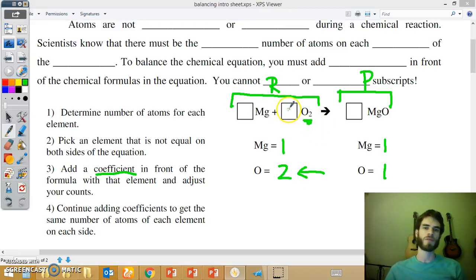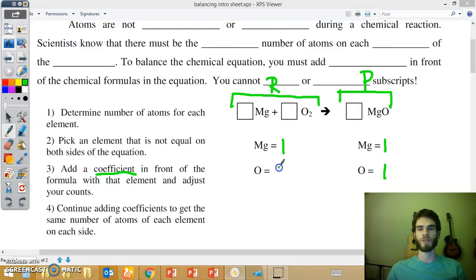So if we put a coefficient over here, like let's say 4, we would only be making more oxygens in the side that's already imbalanced by having too many. So this, if we did that, that would make not 2, but 4 times 2 is 8. There would be 8 oxygens there. And see, it's even more unbalanced now. So we don't want to do that. Let's go back to how it was.